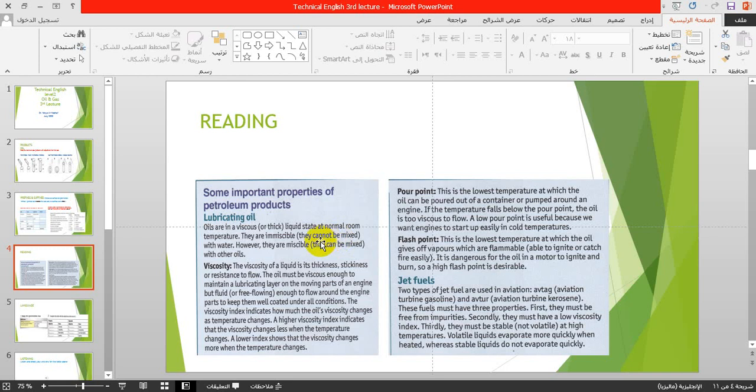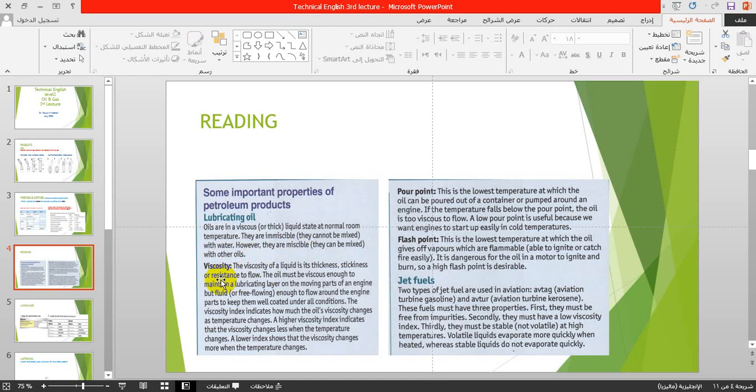With water. However, they are miscible. They can be mixed with other oils, but not with water.